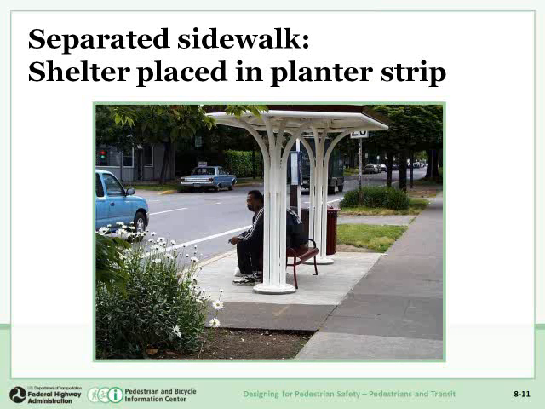In this picture, you can see that this shelter is placed in the furniture zone, which is typically a good place for a bus shelter. If you recall, in one of the previous modules, the sidewalk zone system was discussed, where the zone closest to the roadway was called the curb zone.